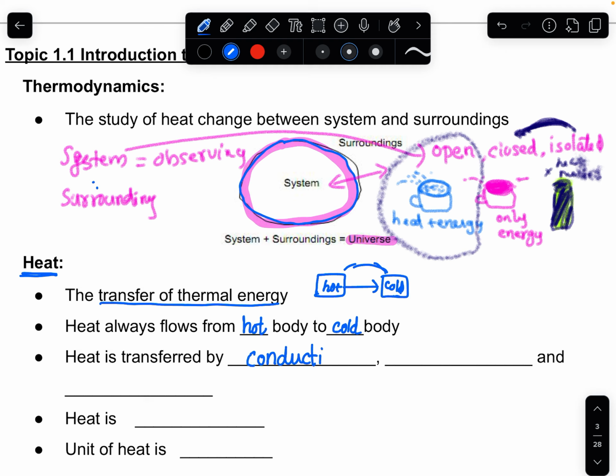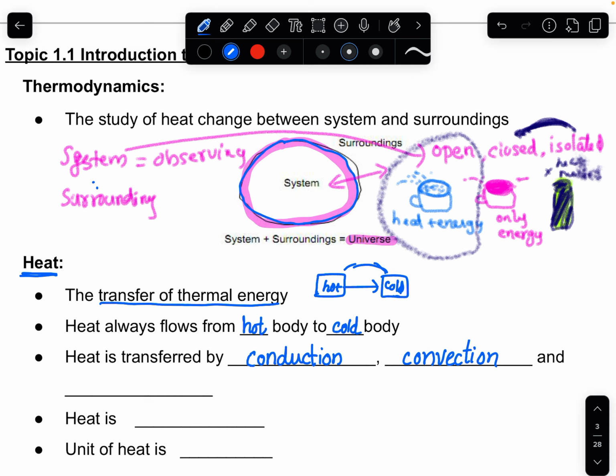You all know conduction. That means two objects are touching each other. If you touch a hot object with your hand, you will feel hot, right? That is called conduction because they are touching each other. Then convection is a method of transferring energy through fluids. Air conditioning is a very good example.